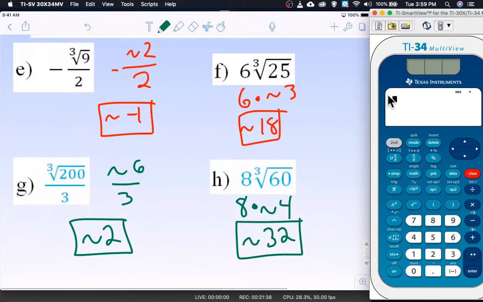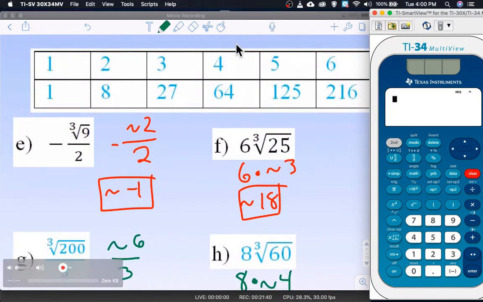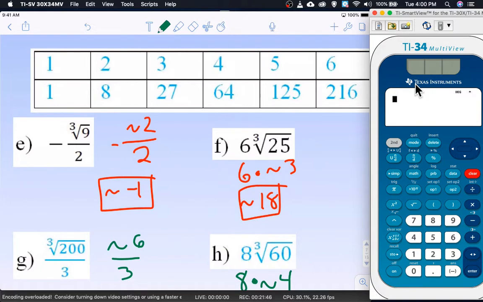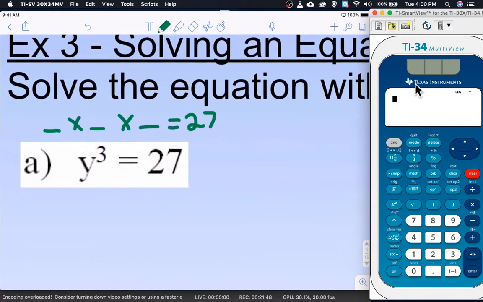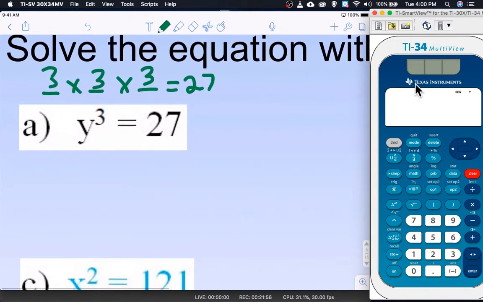If you look up in your cube root chart, what number times itself 3 times equals 27? It's 3. 3 times 3 times 3 is 27. So we can say that y would equal 3. That would be the value that makes this equation true.